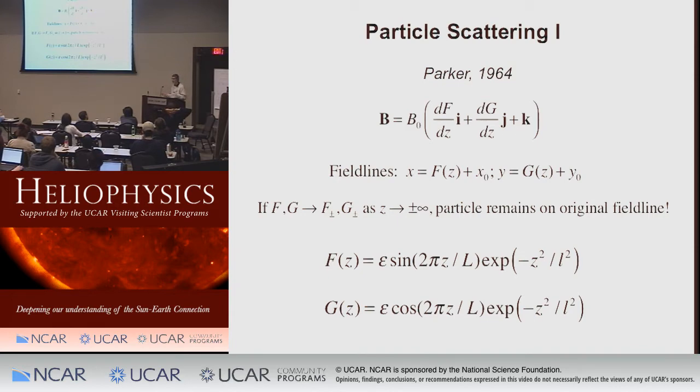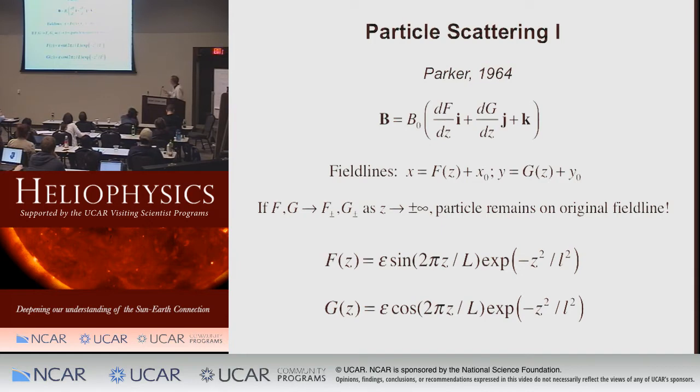You're basically scattering approximately elastically in the solar wind frame. And therefore, your μ value, the cosine of the pitch angle, is just scattering at random. And so how do you see that that's what happens in a scattering process?